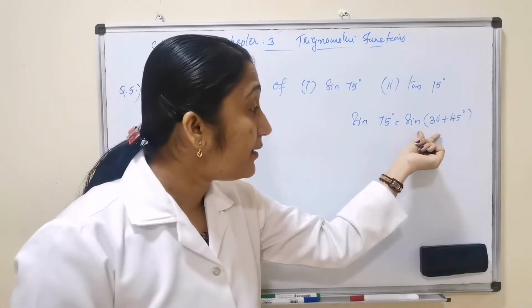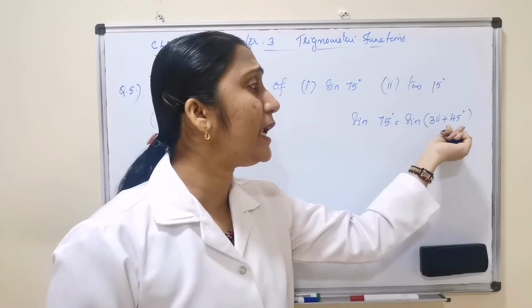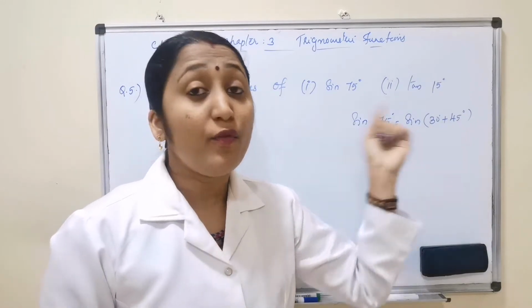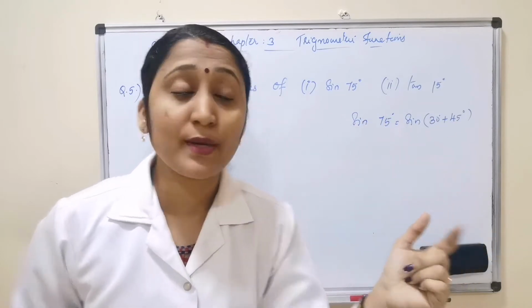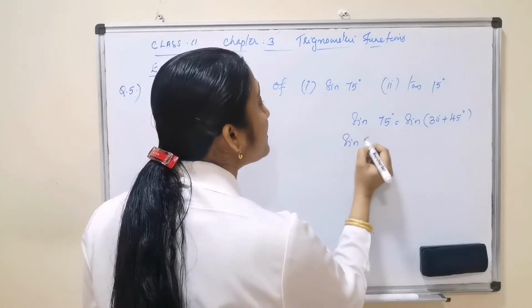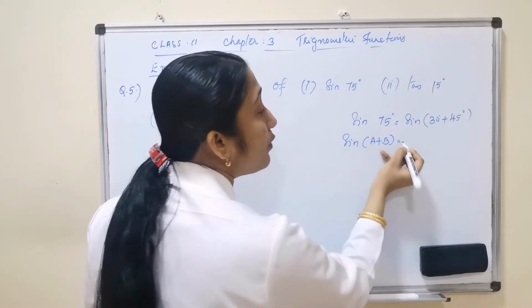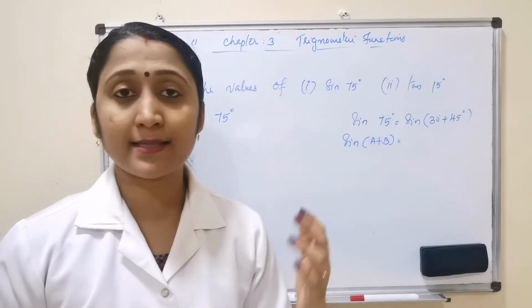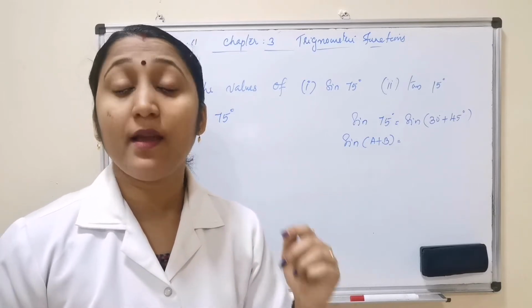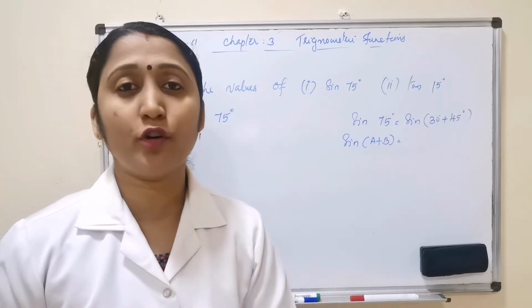Here, for sine of 30 plus 45, we have to remember the formula for sine of a plus b. We already discussed this in the last class, along with all the formulas.